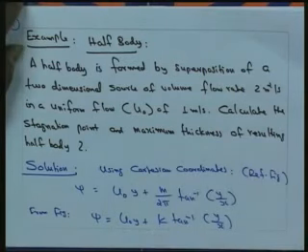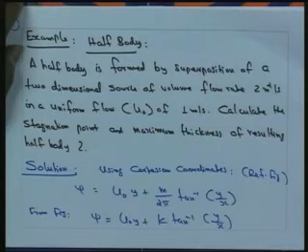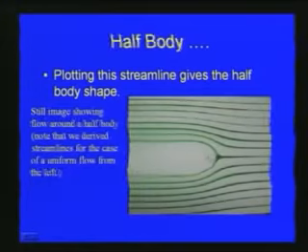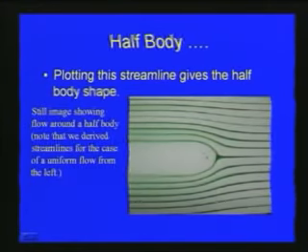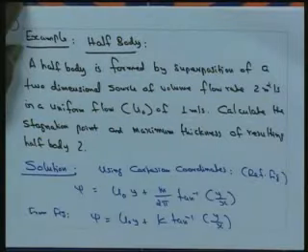Here we get a half body by superposition of a source and a uniform flow, as shown in this slide. The uniform flow velocity is 1 meter per second, and the volume flow rate for the source is 2 meters square per second.